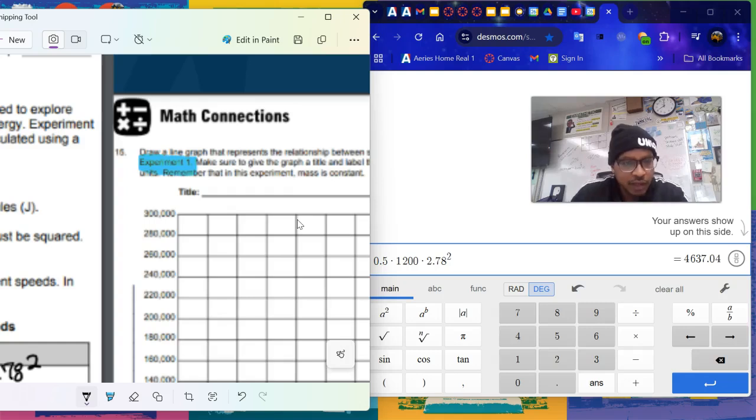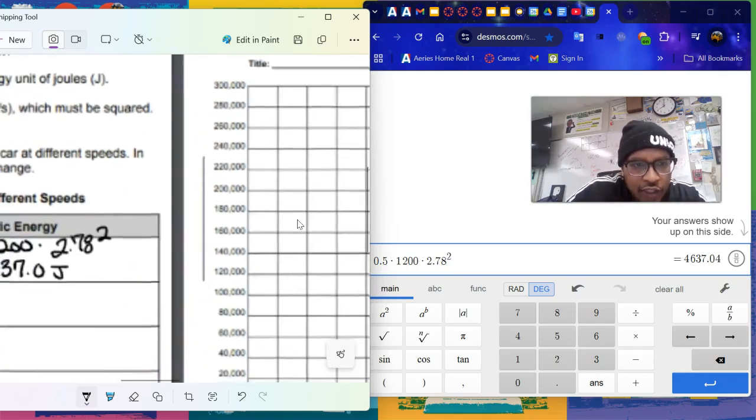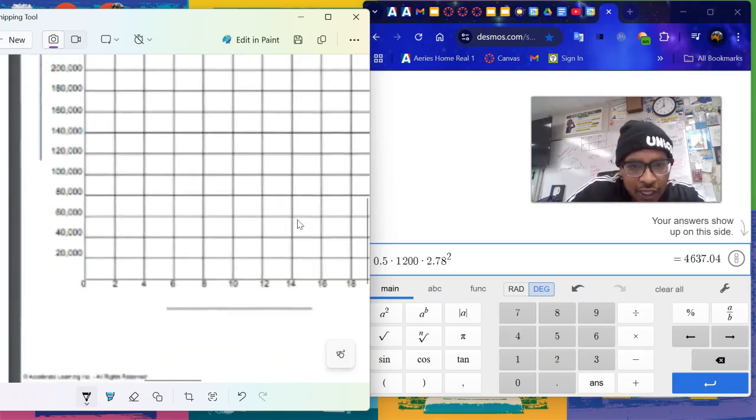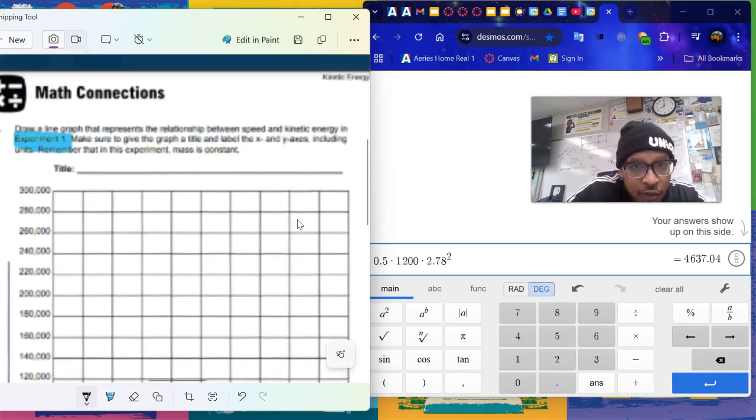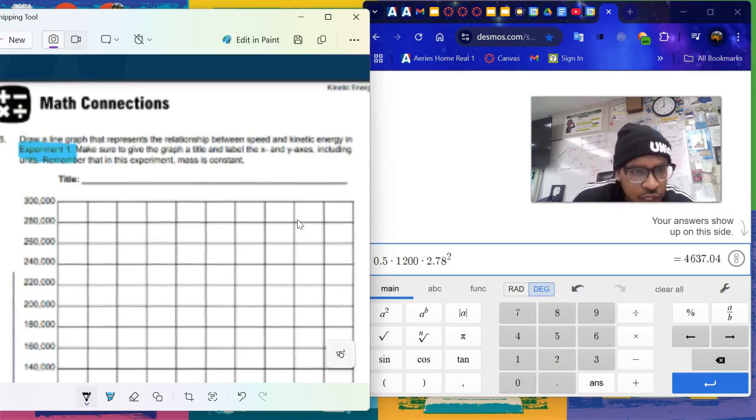So let's switch back to this. It has these really big numbers here and much smaller numbers there. So we need to draw a line that represents speed and kinetic energy.